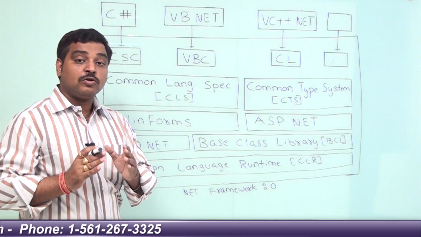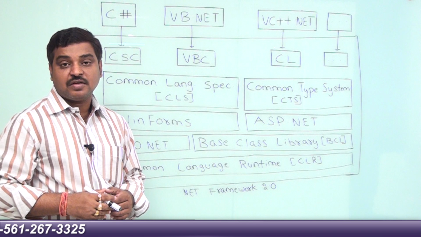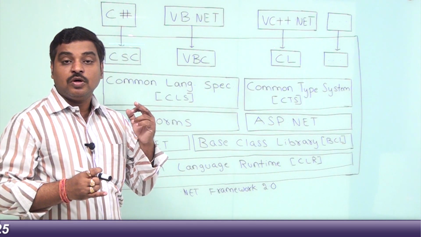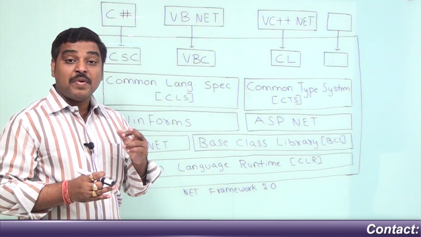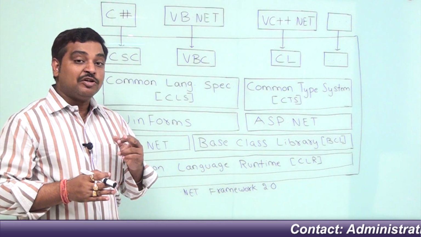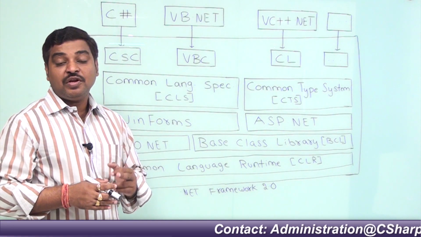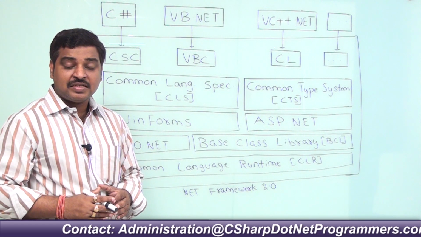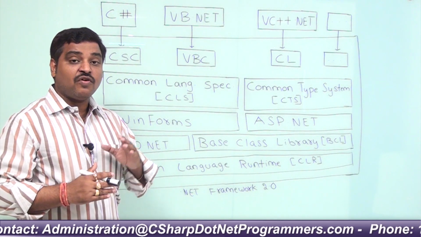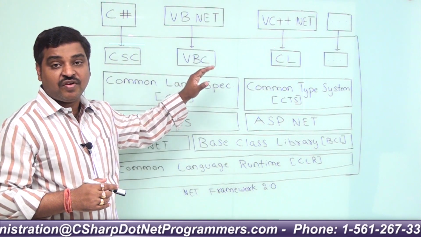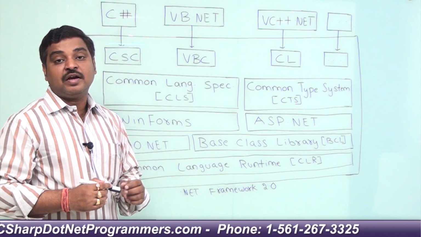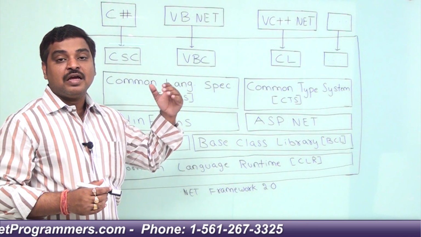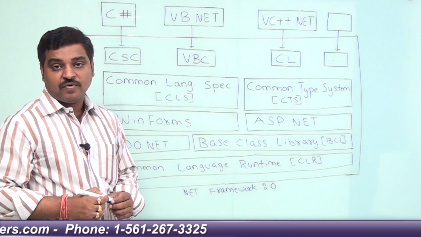CLR takes lots of responsibilities with respect to the execution, the memory management, the interoperability, security, etc. Now let's try to understand the importance of CLR within the framework before we continue further in our .NET framework.